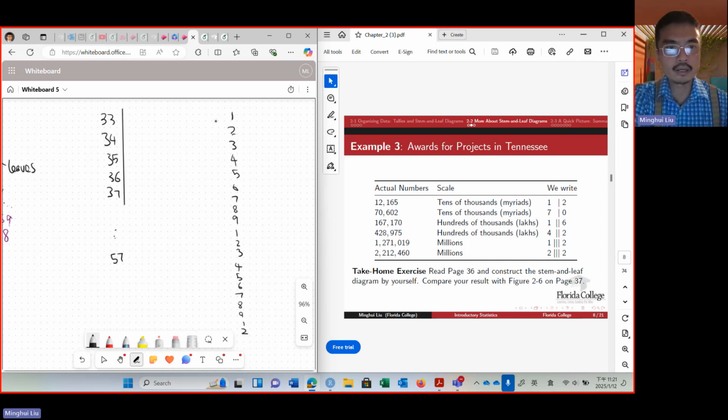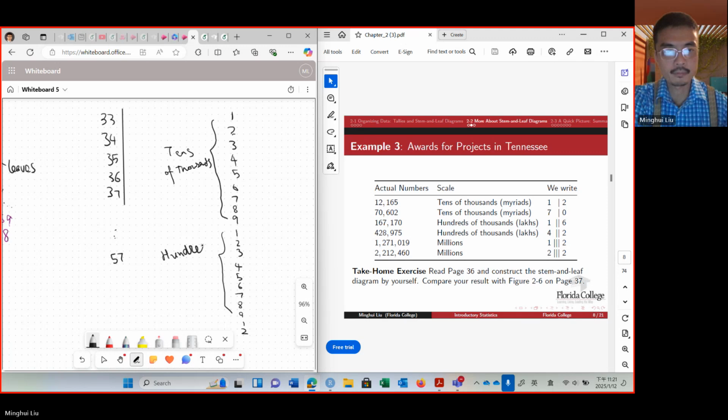So here, this part will be tens of thousands, and then this part will be hundreds of thousands, and then this will be millions.